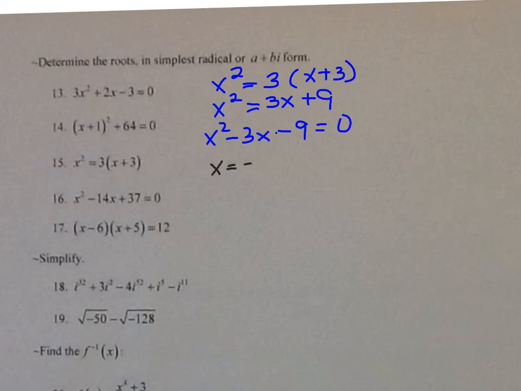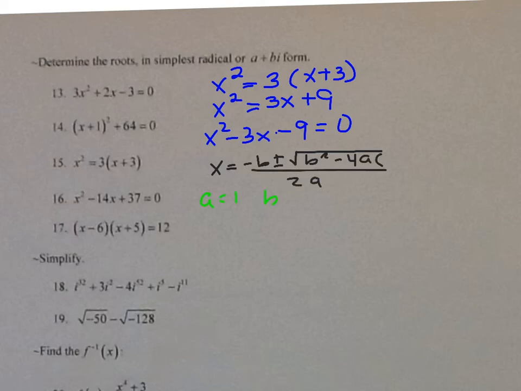x equals negative b plus minus the square root of b squared minus 4ac over 2a. a is 1, b is negative 3, c is negative 9. So I want negative whatever b is; b is negative 3 here, so that's going to make that positive 3.